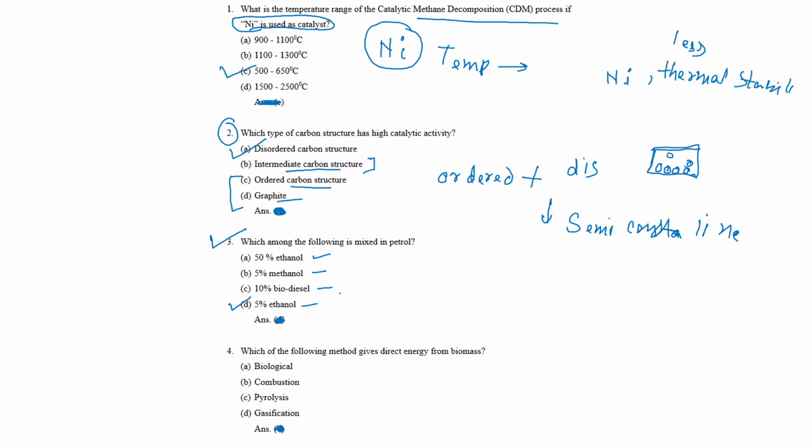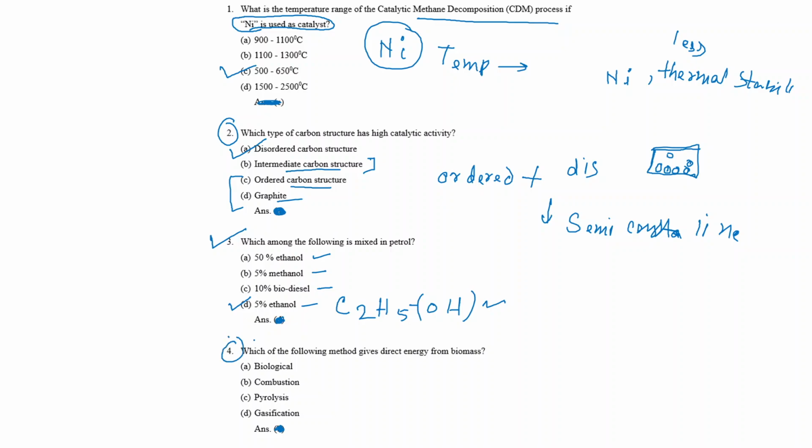What is the formula of ethanol? C2H5OH. The OH group is there, so it is called ethanol, an alcohol. Methanol is also an alcohol. Which one is more poisonous, ethanol or methanol? Methanol.